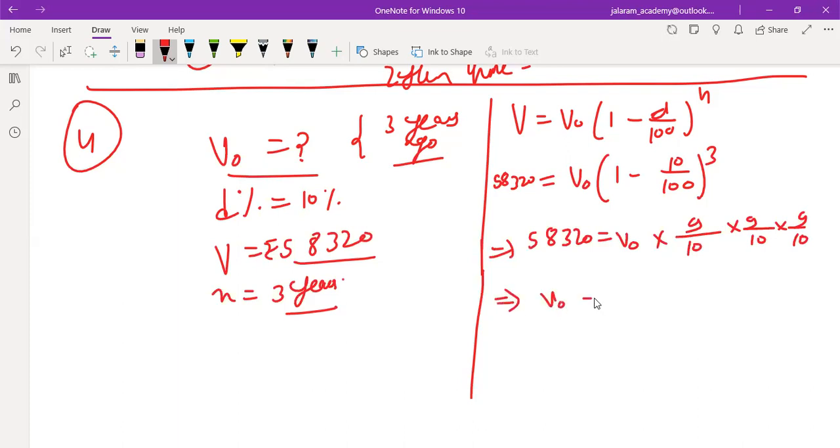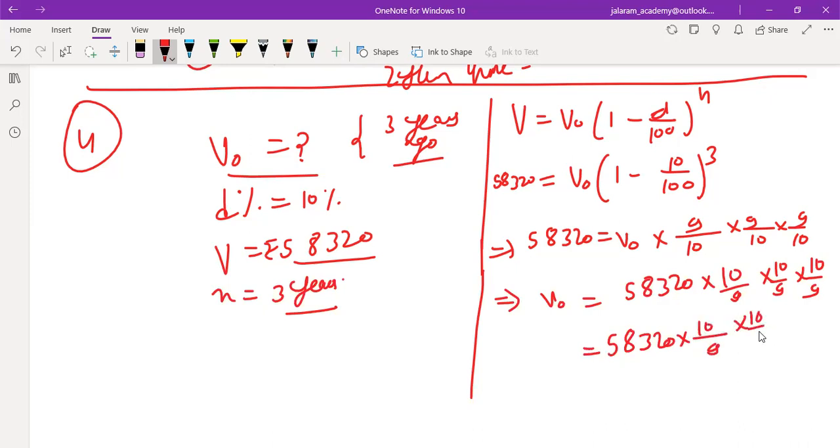That is, V naught equals 58,320 into 10 by 9 into 10 by 9 into 10 by 9. I have told you that first we write it again, then we will cut it. 9 6 are 54, 4 carry 3. 9 4 are 36, 72. 9 8 is 72. There will be 0.